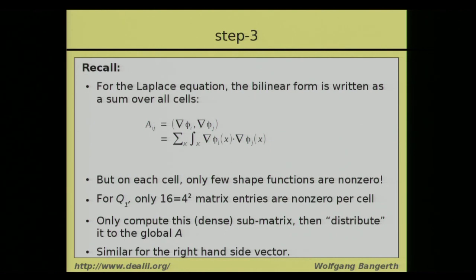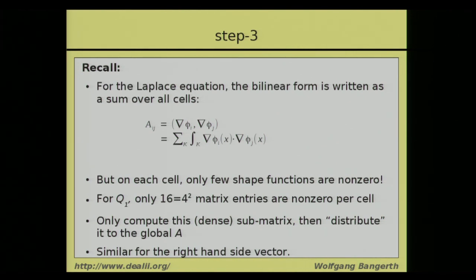So if you are on a triangular mesh, for example, and you use a P1 finite element, then we know which ones these are, namely the three shape functions that are defined on this one cell. If you are using a Q1 finite element on quadrilaterals in 2D, for example, then you know exactly which ones these are, namely the four shape functions that are defined on each one of the four vertices of the cell.